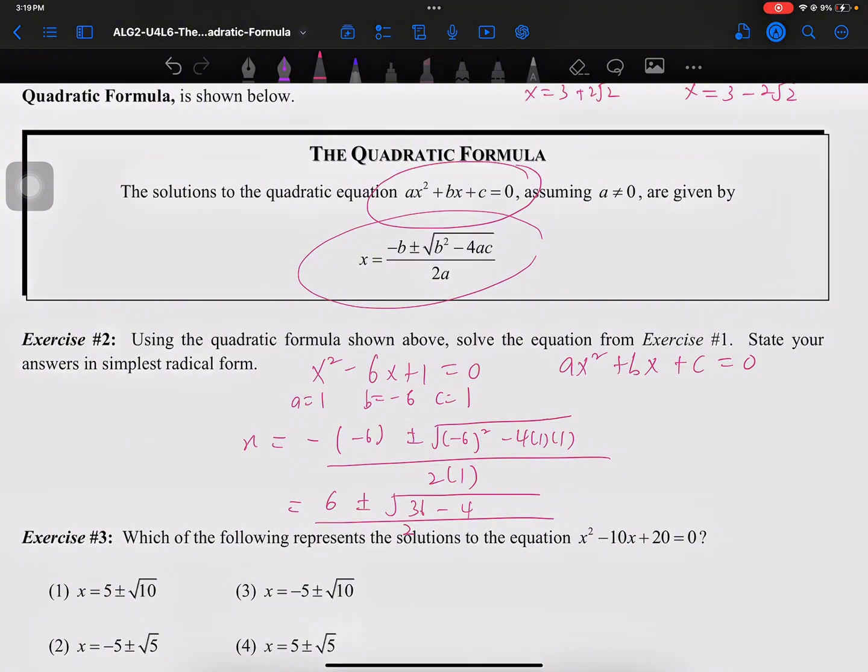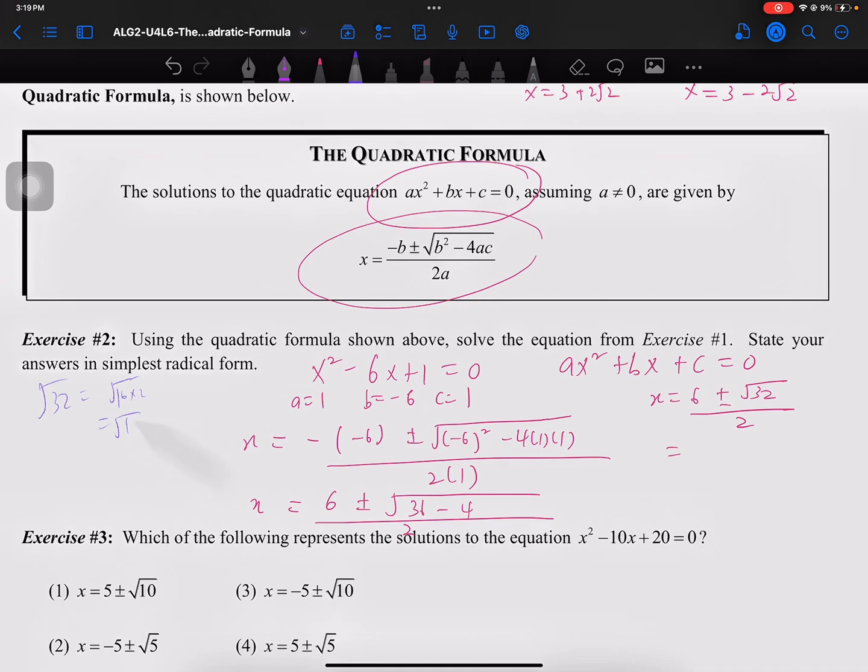So x equals 6 plus minus root 32 over 2. And the root 32 we can change into simplest radical form, which is root 16 times 2.